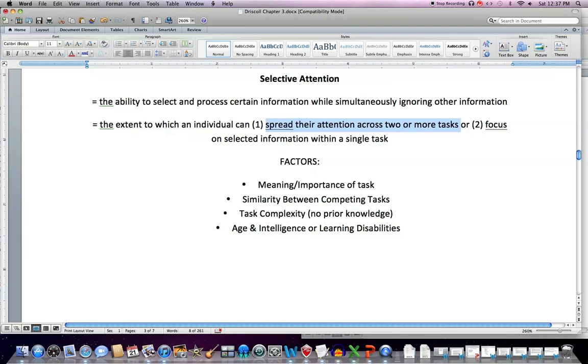Okay, there's several factors that affect the ability to do this. First one would be the importance of the task. I don't know if you've ever had this experience where you're with a group of people or at a party and you're talking with someone, and around you you can hear other people talking, the other conversations, but generally it just sounds like a hum. Blah blah blah blah.